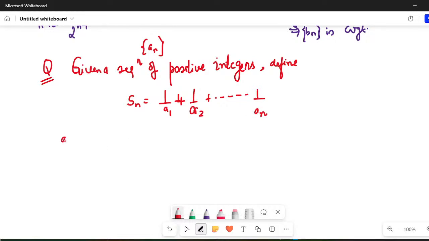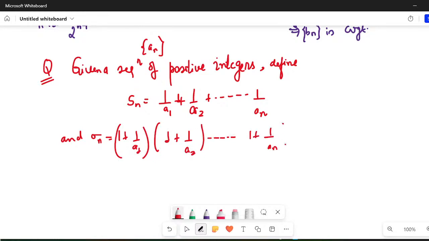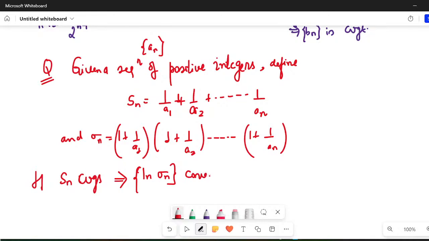And another sequence that I'm defining is sigma n equals (1 plus 1 upon a1) into (1 plus 1 upon a2) and so on up to (1 plus 1 upon an). Now I'm saying if Sn converges, then it implies ln sigma n converges. This is something that we need to see. Then we need to see that ln sigma n converges.